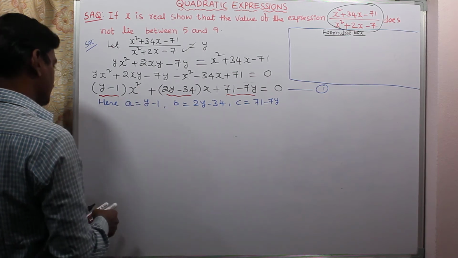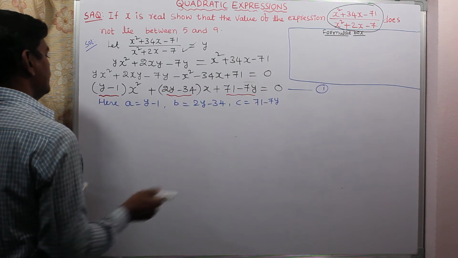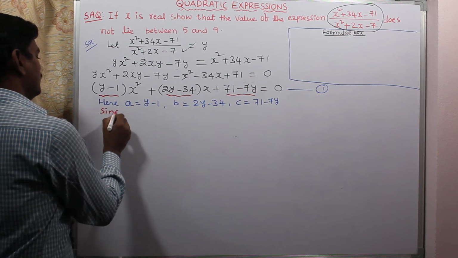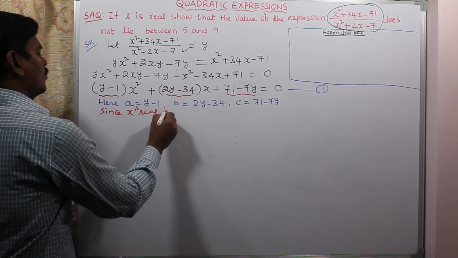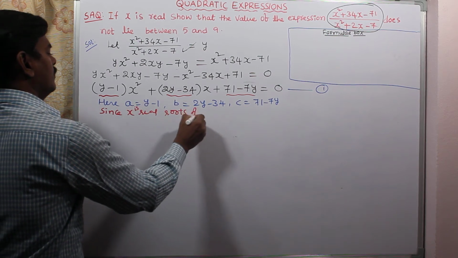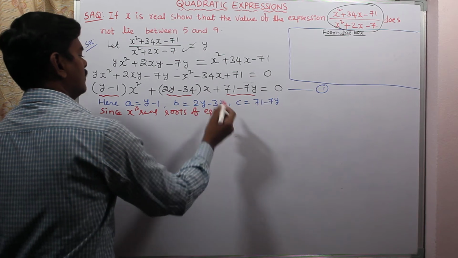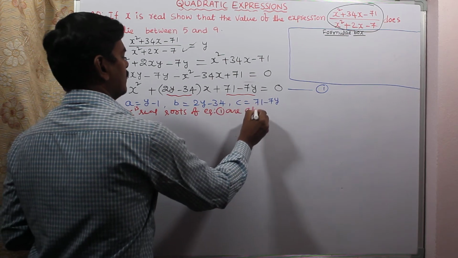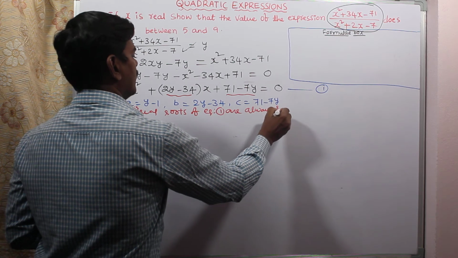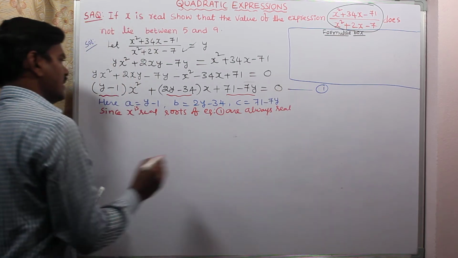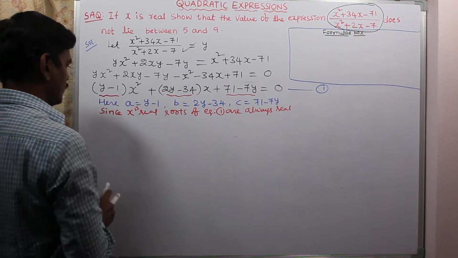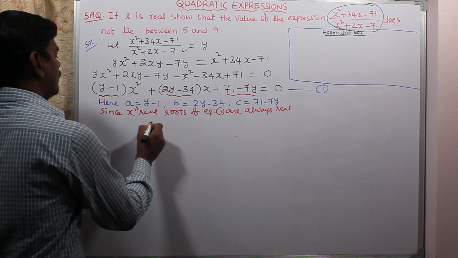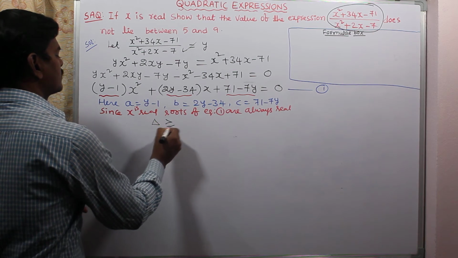So we have to write the reason here. Since x is real, the roots of equation 1 are always real. What is the real roots condition? Let's recall the condition for having real roots: delta greater than or equal to 0.